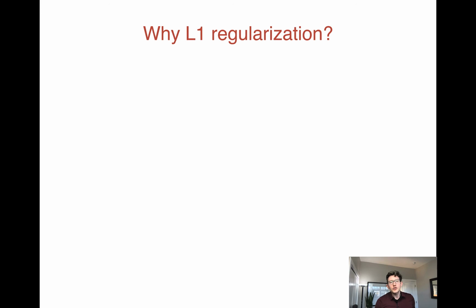Okay, so let's go back to that question that I left off at the beginning, which is why would we want to use L1 regularization, aka Lasso, aka Laplace prior linear regression? Why would we want to do this in the case where we're interested in feature selection? Because on its face, it's not obvious that L1 regularization would cause us to do feature selection.